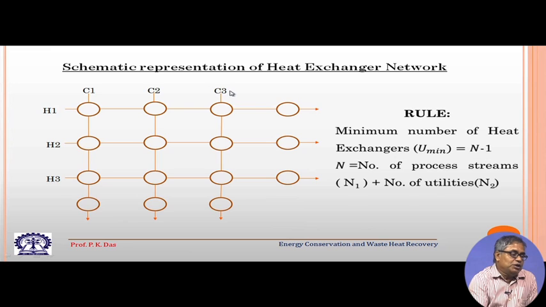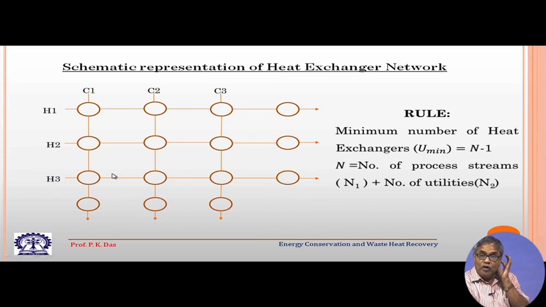For each of the cold streams we can see there could be a number of intermediate heat exchangers, not that all of them will have the same number of intermediate heat exchangers, but ultimately they should have, or they might have, some sort of a utility heat exchanger to bring their temperature to the target temperature.